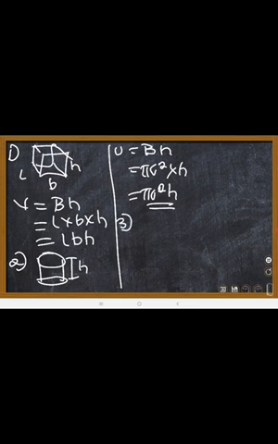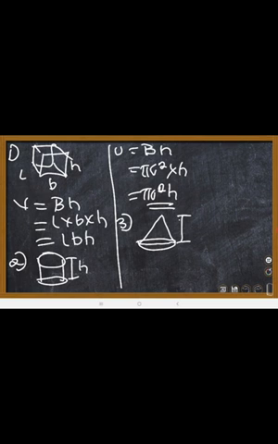Number 3, when you have a tapered solid or tapered shape like a pyramid, square based pyramid, triangular based pyramid, or trapezoidal based pyramid, or even a cone, their volume is derived from the volume of a solid with uniform cross section. Let's consider a cone. In a cone you have the height and you have the base.